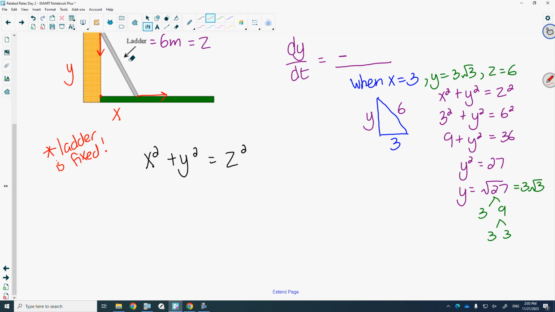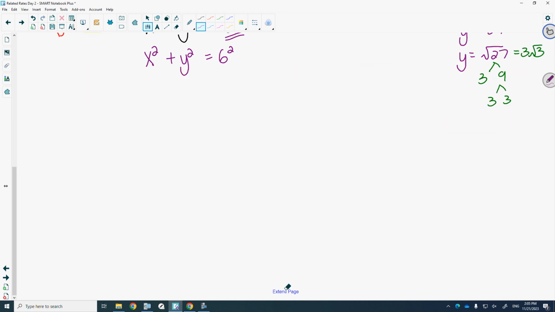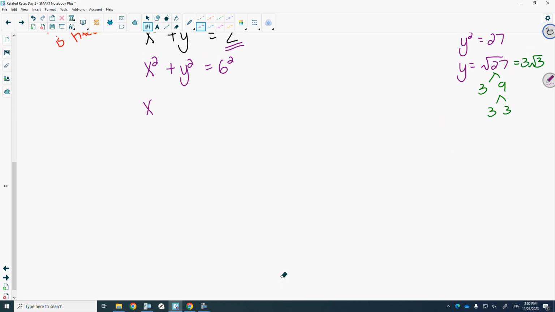So that means that the equation, and it'll be so much easier if there's something fixed, because watch what will happen. x squared plus y squared is equal to, the ladder was 6 squared. So this would be x squared plus y squared equals 36. And now, when we implicitly derive both sides with respect to time, what's the derivative of 36?